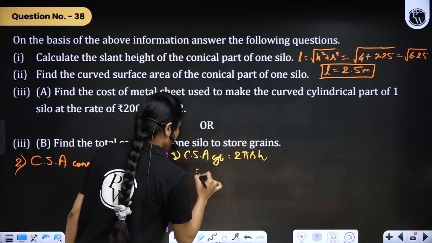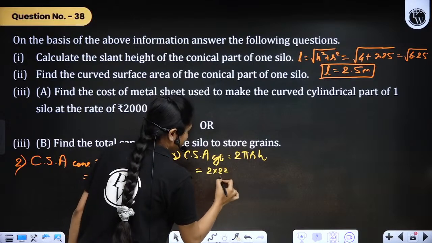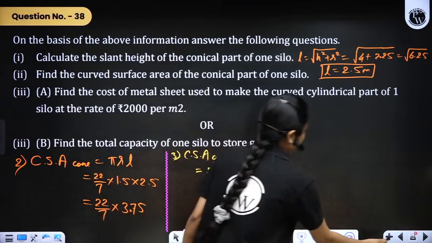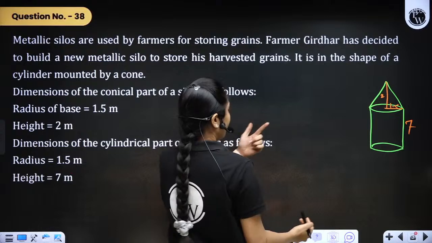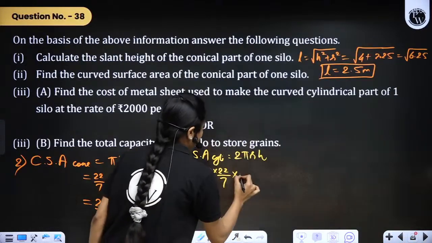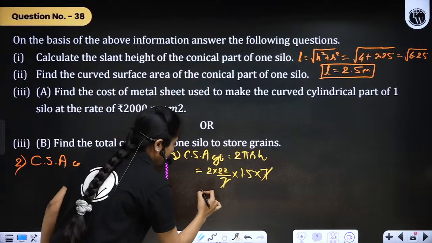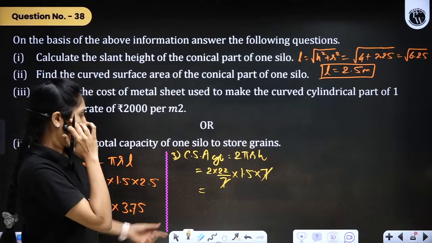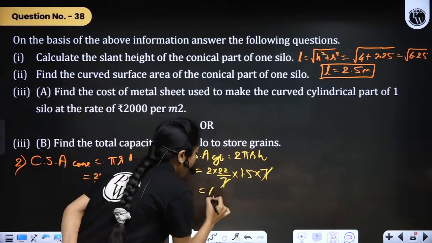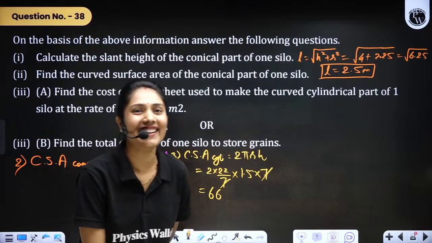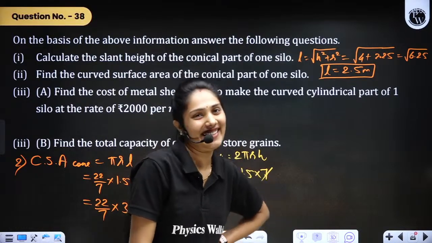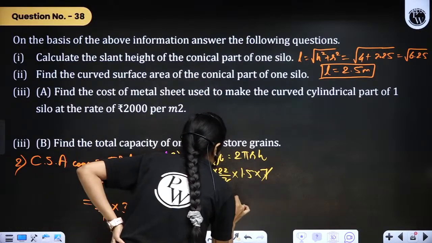So it is 2 into 22 by 7 into radius 1.5 and height 7. Yes, it is 66 meter square.